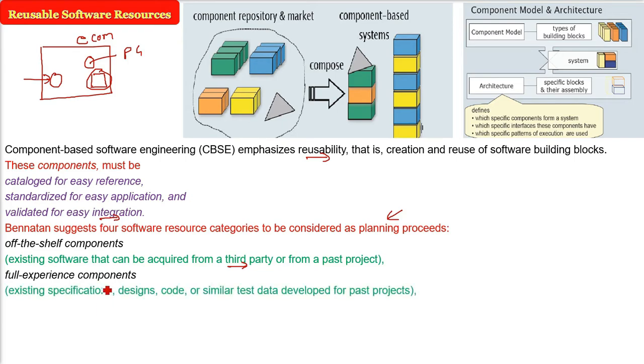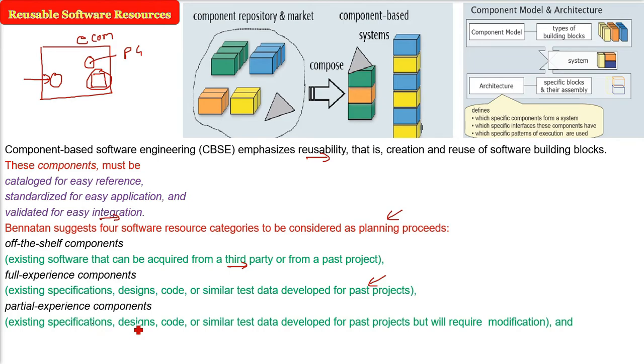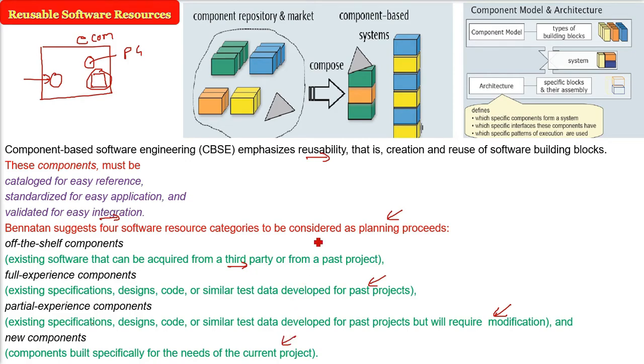Full experience component: if you already have the specification, design, code, and test data, which is done already, you can just use it directly. If the project was successful and it is working, you can directly use it rather than reinventing the wheel. Partial experience component means you already have certain specification, design, code, and data, but you need certain modifications until you can use it. And the new components are the components you have to make from scratch, or specifically for the need of the current project. So these are the 4 categories of reusable software resources.